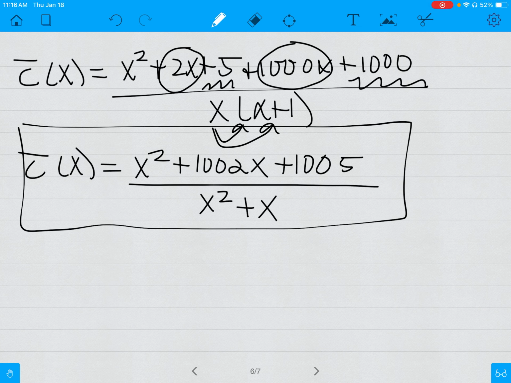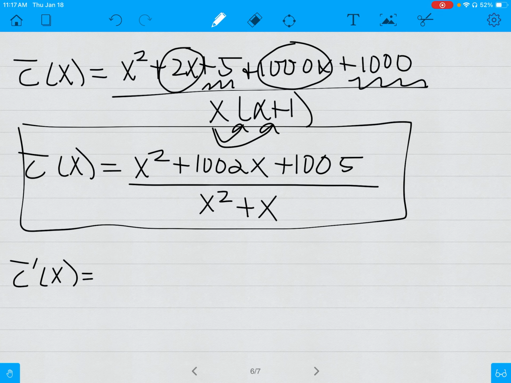Now to find the second part, the marginal average cost, we're going to need to take the derivative of the average cost function. And I think you can see now why they put average cost and marginal average cost in the same section as the quotient rule, because to find the derivative of this function, we're going to need to use the quotient rule.